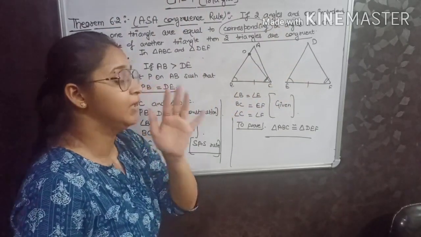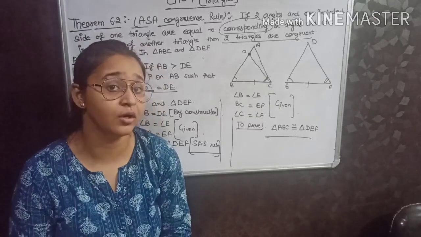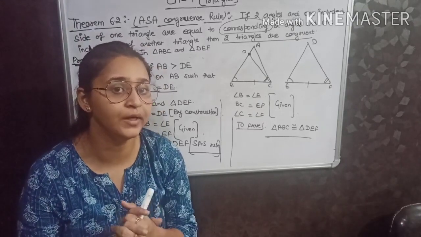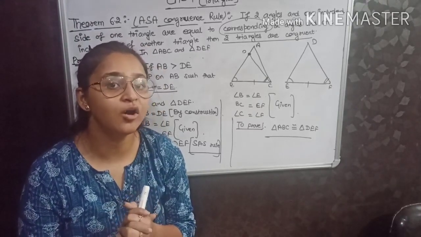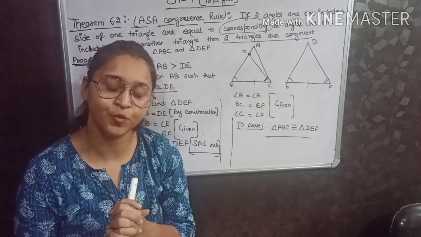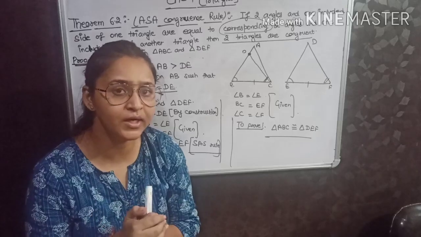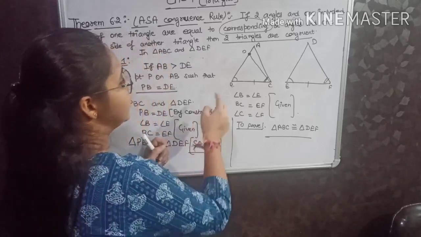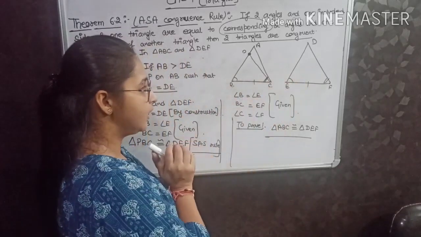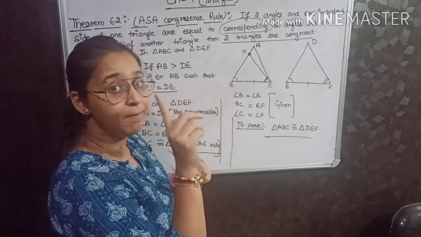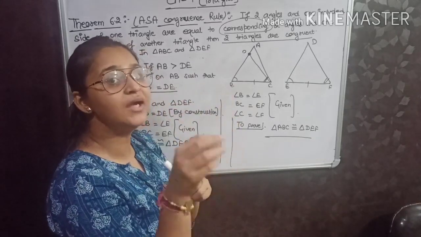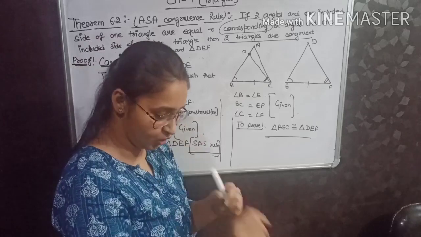Now, tell me, if two triangles are congruent, then all of the 6 corresponding parts of these two triangles will be equal. That we have already discussed. It means their corresponding parts, either side or angle, will be equal.